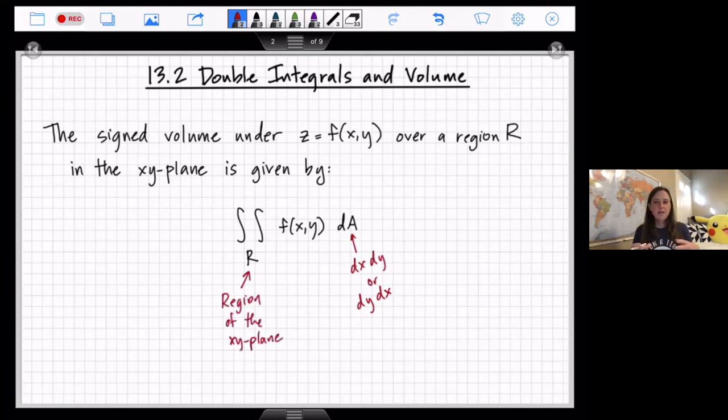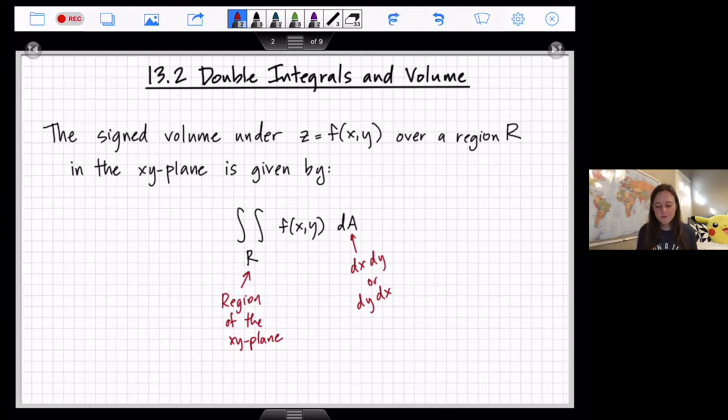That could be a rectangular region where we have those constant limits on the integral. It could be referring to a differently shaped region of the xy plane. We've seen lots of that in the last section. But this double integral is going to give you what we call the signed volume under z equals f of xy over a region R in the xy plane.